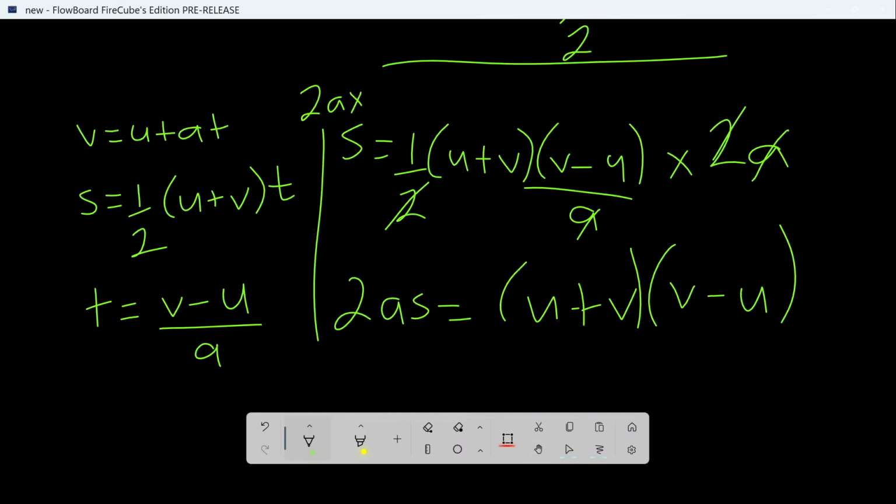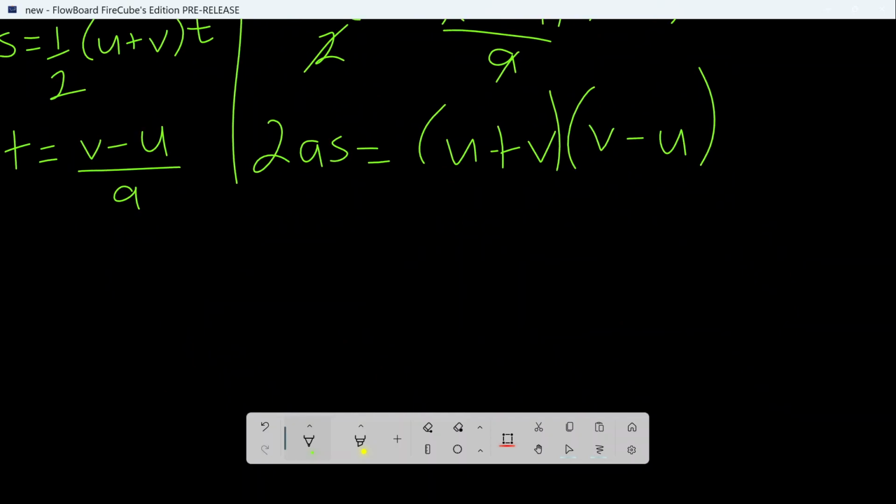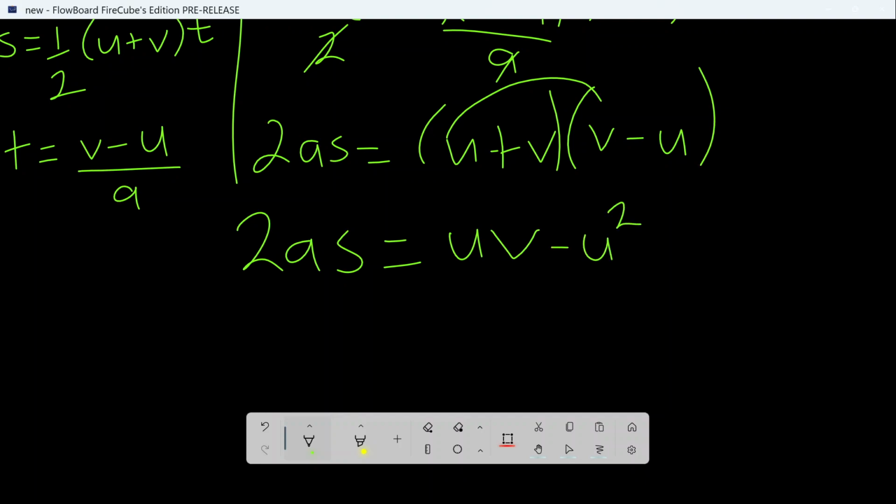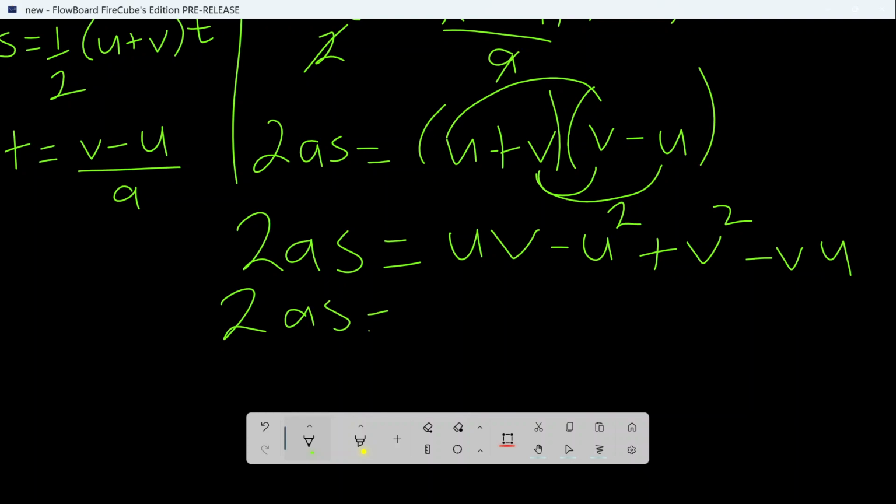Let's just expand this out. So we'll have something that looks a bit like this. 2as equals u times v is uv, u times negative u is minus u squared, v times v is positive v squared, and then v times u is negative vu. So next we'll have 2as equals to, let's get the positives in the first place, v squared plus uv minus vu minus u squared.